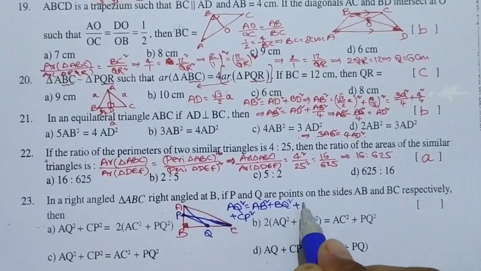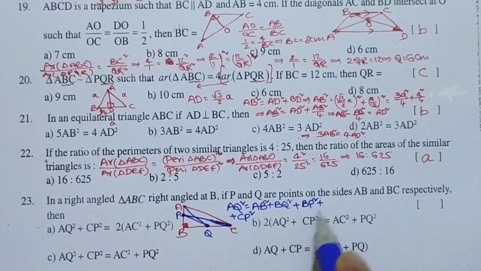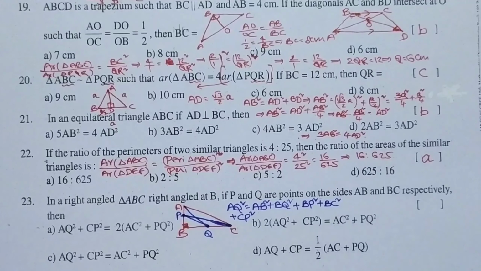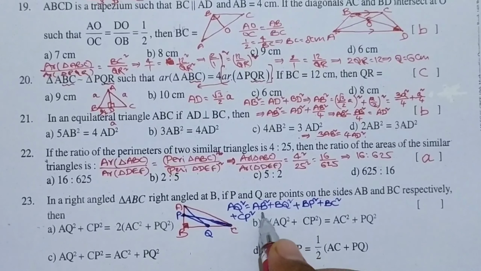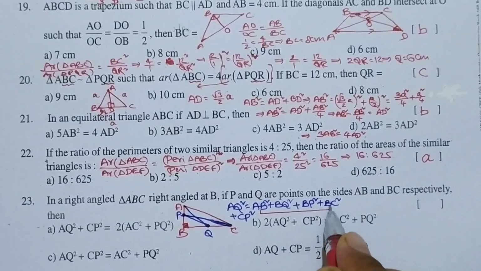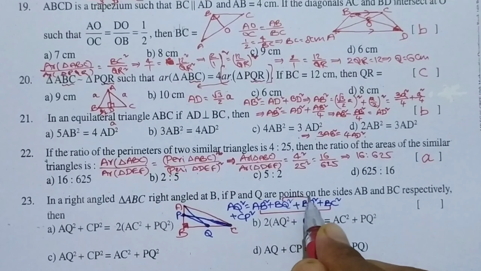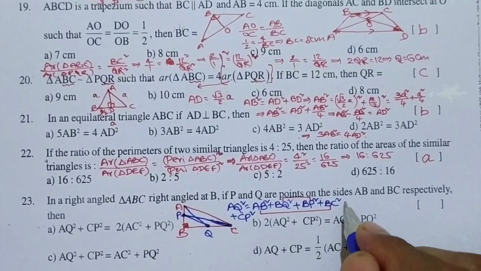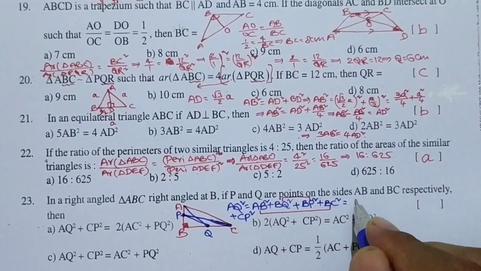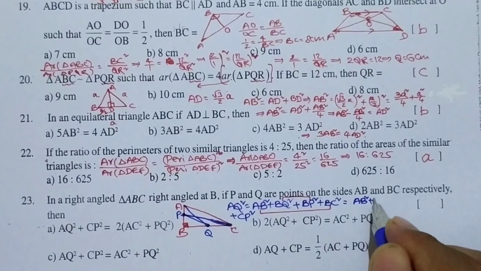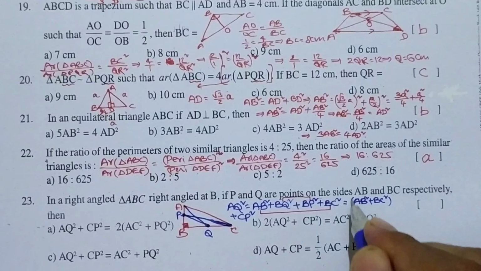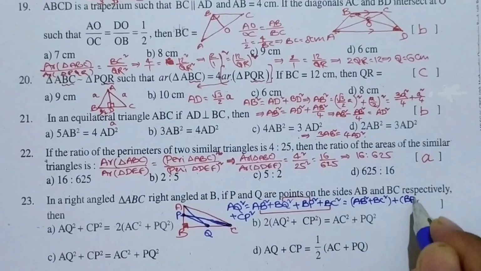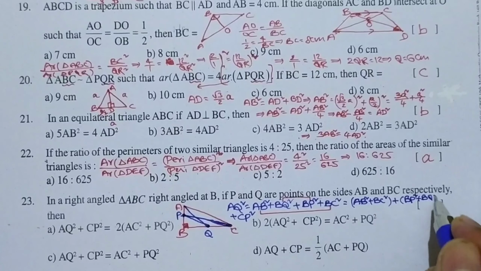So BP square plus BC square. Now let us write AB square and BC square together, and BP square and BQ square together. So this can be rewritten as AB square plus BC square plus BP square plus BQ square.